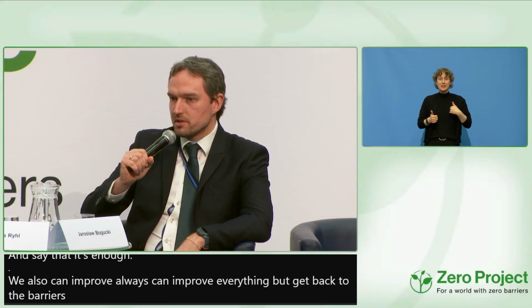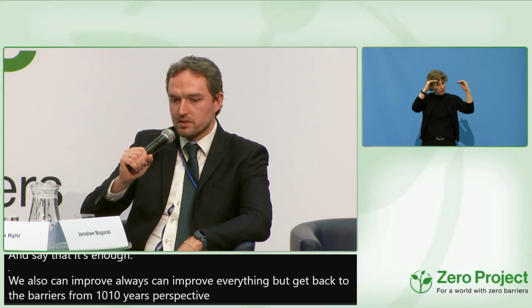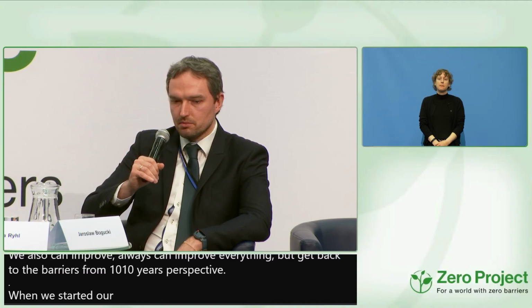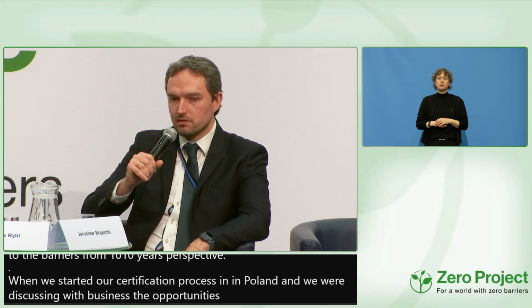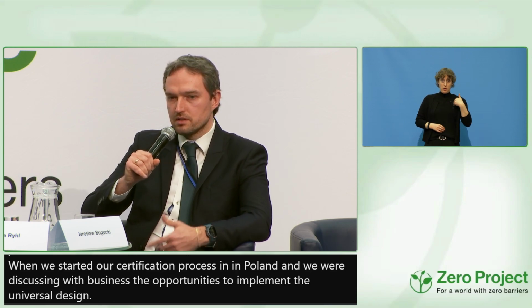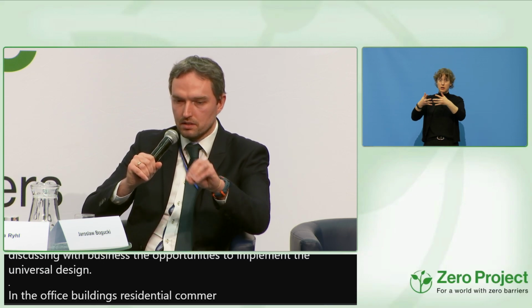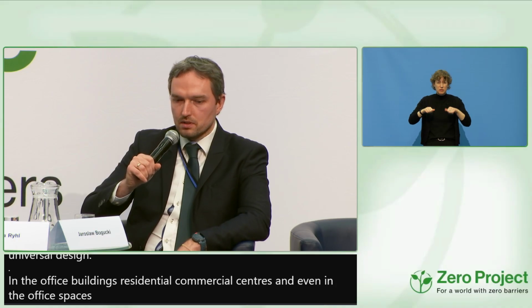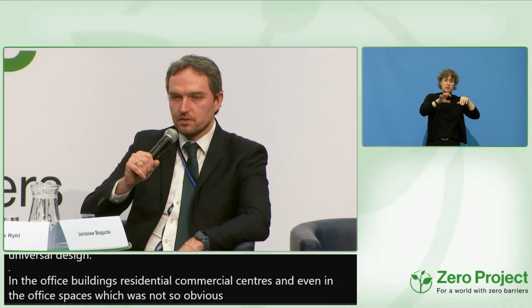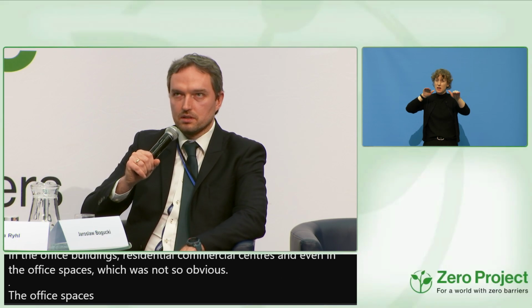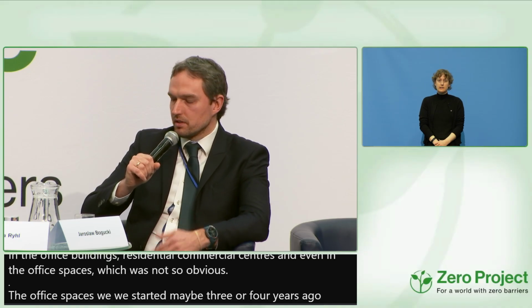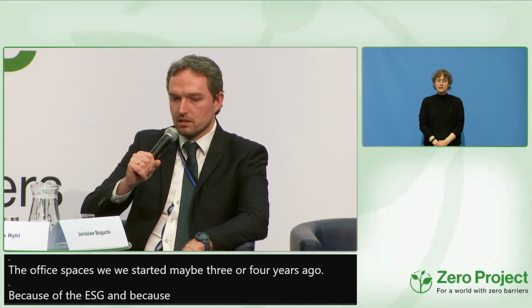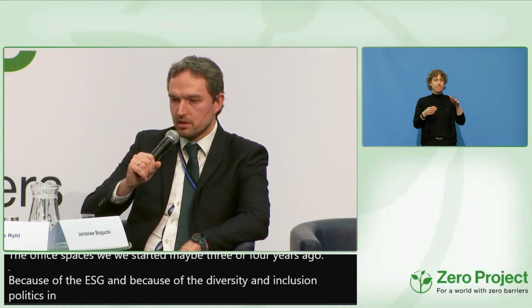But to get back to the barriers: from a 10-year perspective, when we started our certification process in Poland, we were discussing with business the opportunities to implement universal design in office buildings, residential buildings, commercial centers, and even in office spaces, which was not so obvious. With office spaces, we started maybe 3 or 4 years ago, because of ESG and the diversity and inclusion policies in international companies.